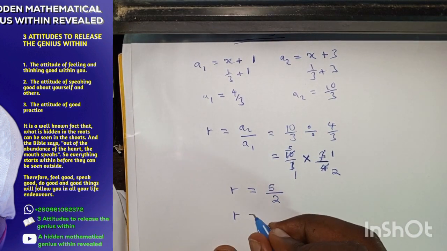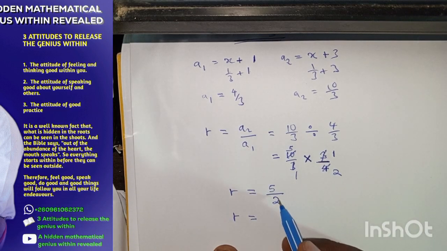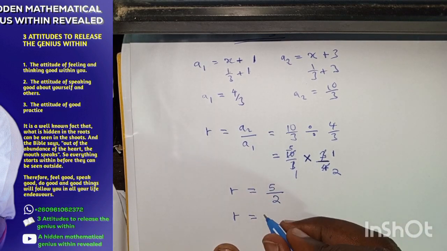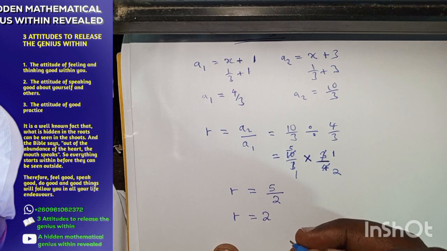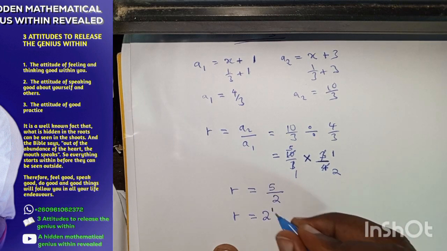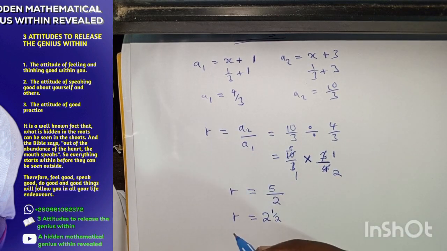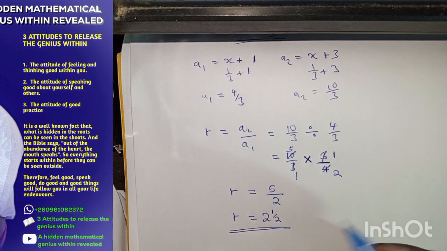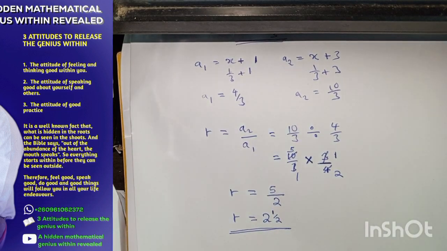We say r is equal to, 2 in 5 is 2, remainder of 1 over 2. Okay, so common ratio is 2.5. So that is the solution. We have calculated for x and the common ratio. Thank you so much for your time.